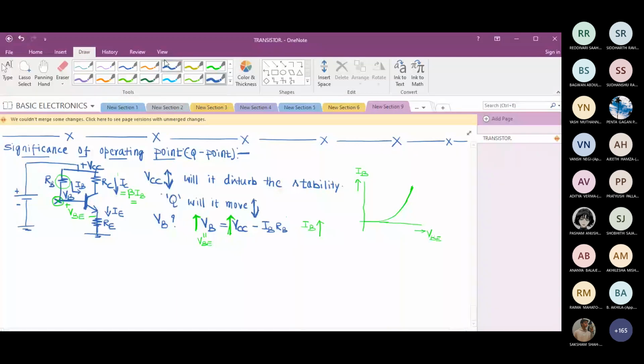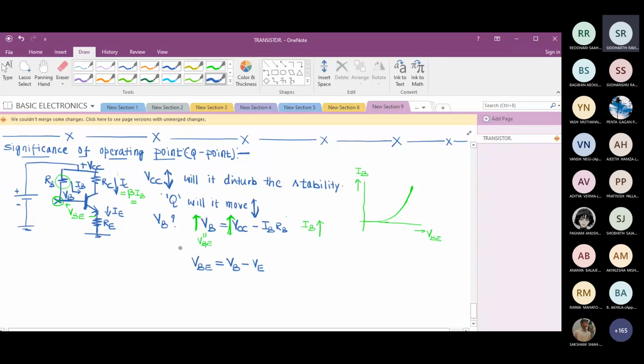Can you tell me what is VBE now? Earlier VB was equal to VBE, that was equal to VCC minus IBRB. Now if I ask what is VBE? Sir, VB minus IERE. Voltage VE I will write, the voltage at the emitter.